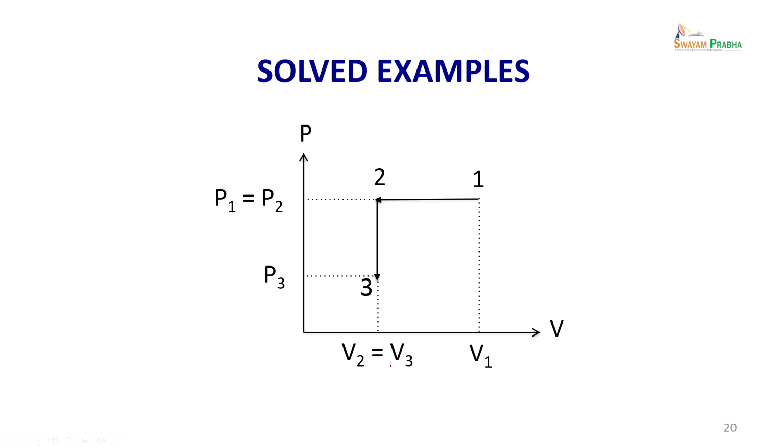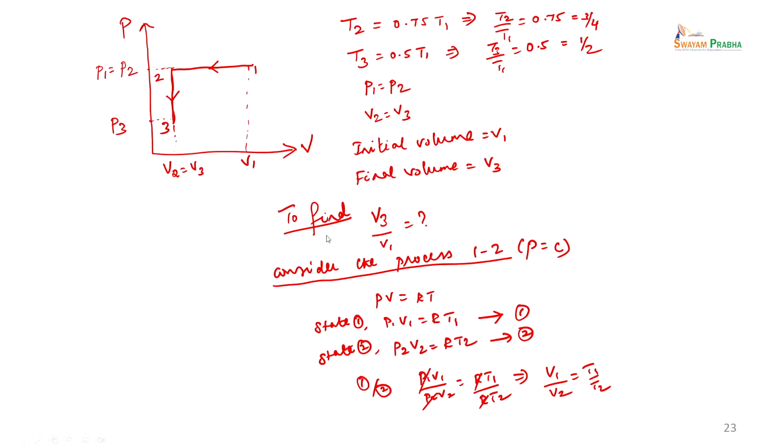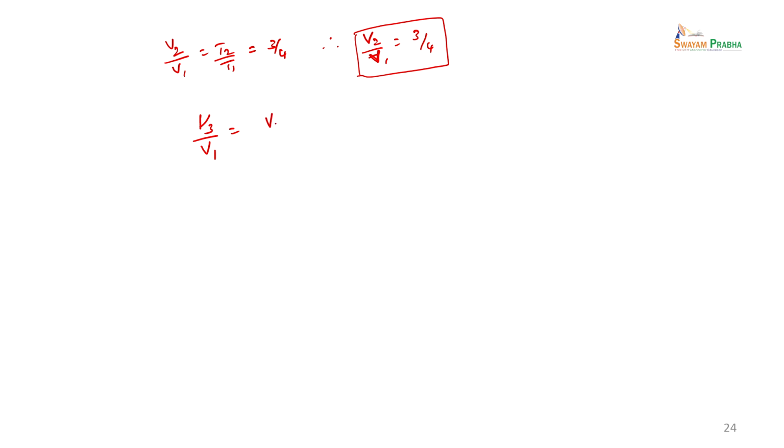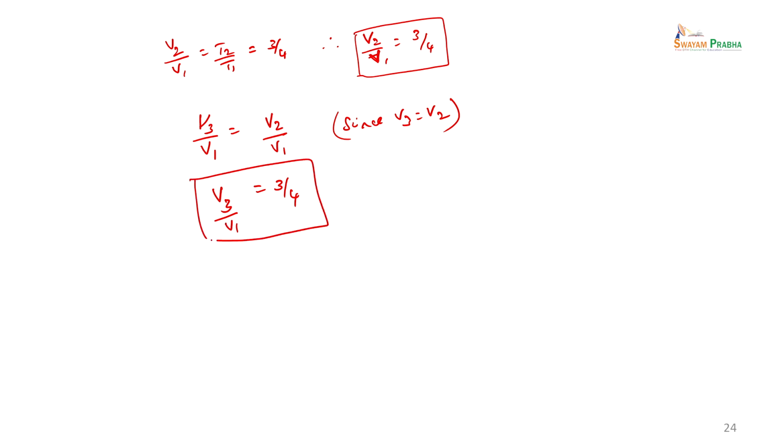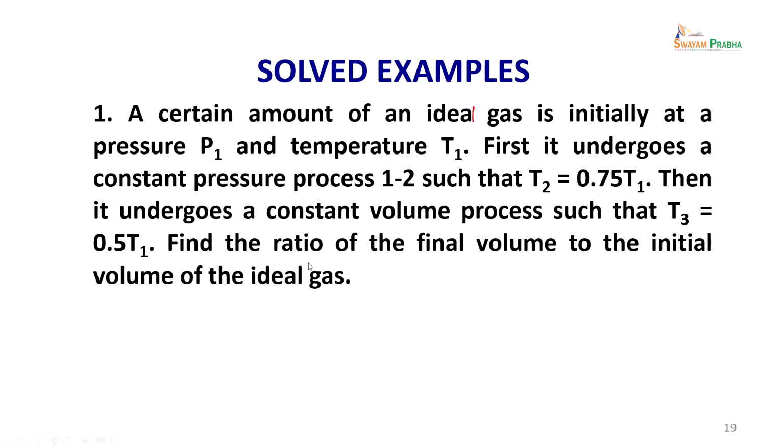Therefore, without using the second given data, T3 by T1 equal to 1 by 2, V3 by V1 is nothing but V2 by V1, since V3 is equal to V2. V2 by V1 is equal to 3 by 4. Therefore, the ratio of final volume to initial volume is equal to 3 by 4. That is what we have been asked to find out: the ratio of the final volume to the initial volume of the ideal gas.